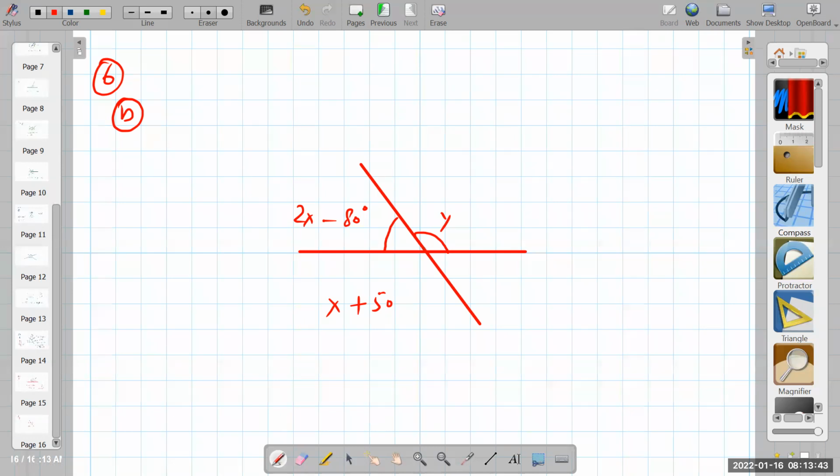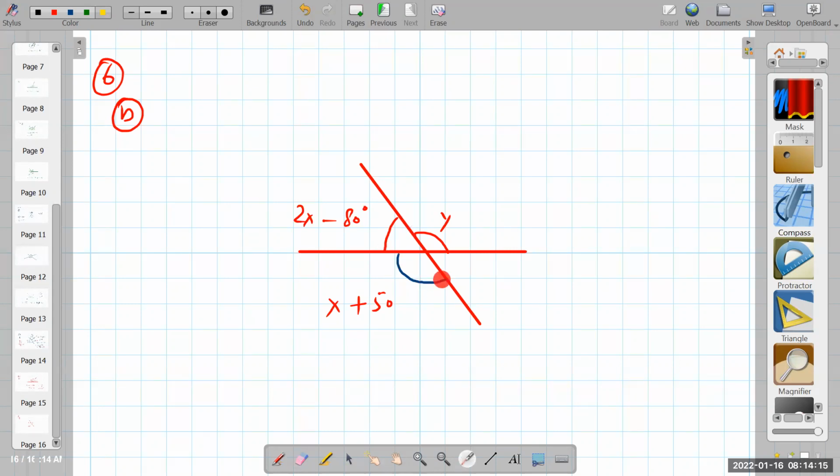First we want to find the value of x. Which two angles should we use? That is the question. If you know which two angles to use first, we can solve the question. Now look carefully from this point to this point.